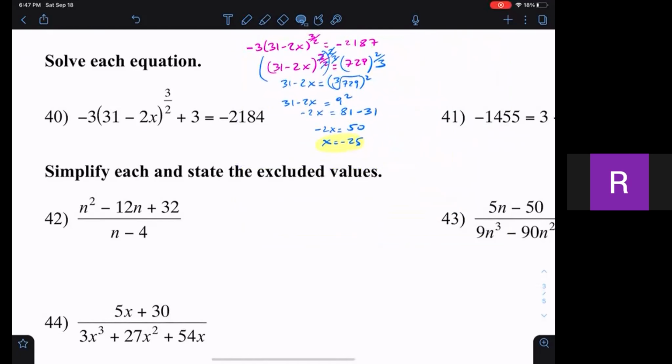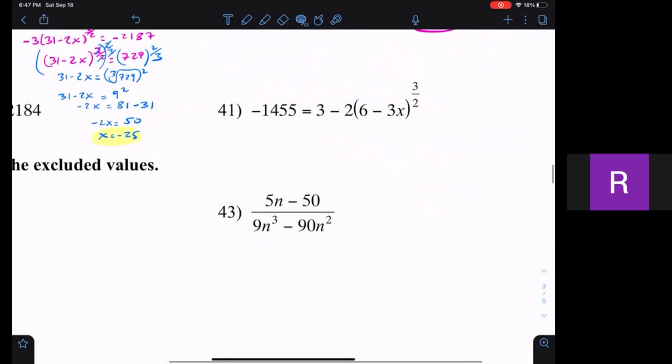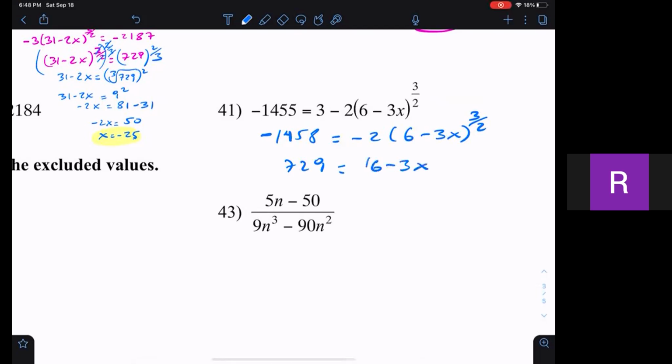Next, same thing, right? Almost the same. I subtract 3 on both sides, and I get negative 458 equals negative 2 times 6 minus 3x to the 3 halves. Now I need to divide by 2, so I get 729 again. Is 6 minus 3x to the 3 halves, and then I need to raise to the power of 2/3 again.